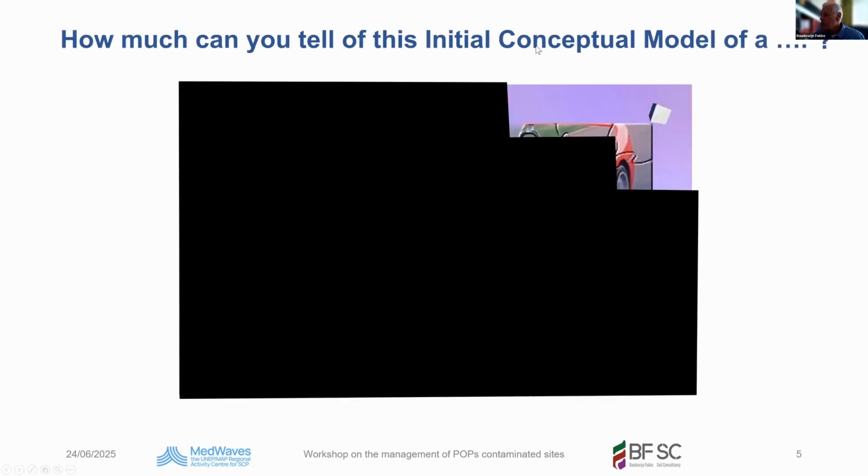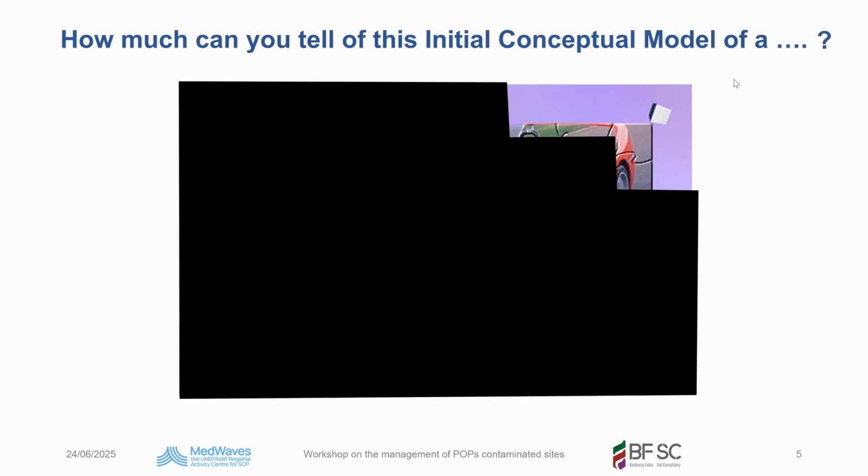Now here is another initial conceptual model, and who can tell me what this is based on your experience? Based on your experience with this minimum information, you can already tell a lot of what I want to picture here, what the conceptual model is. Any response from the audience? Is that a car? Yes. And what type of car is it?